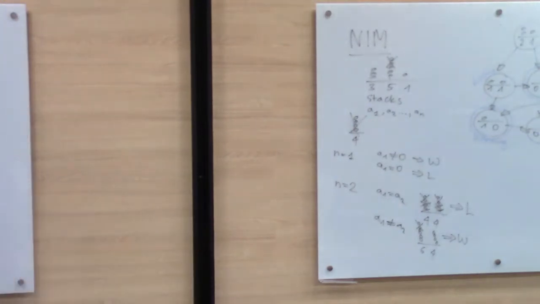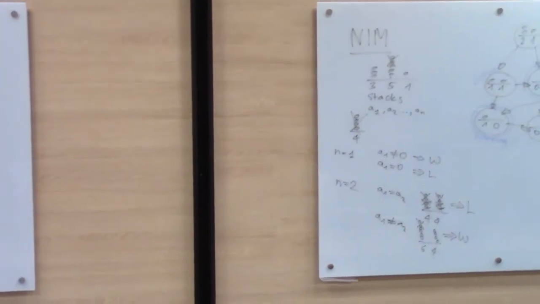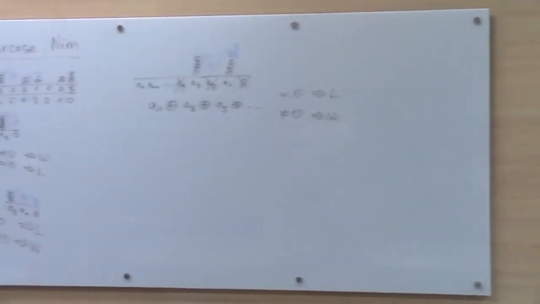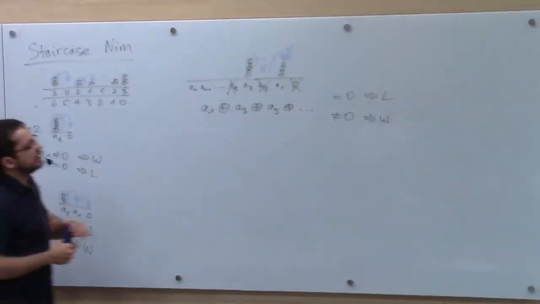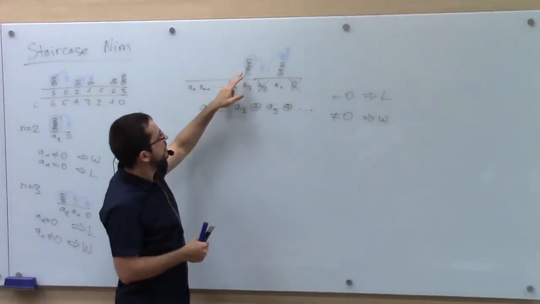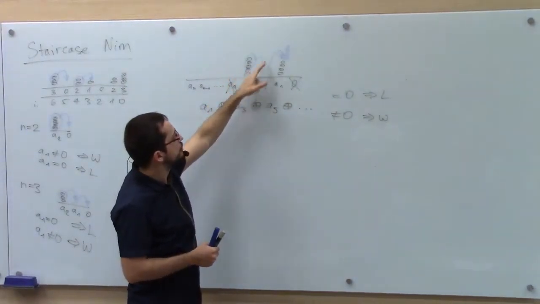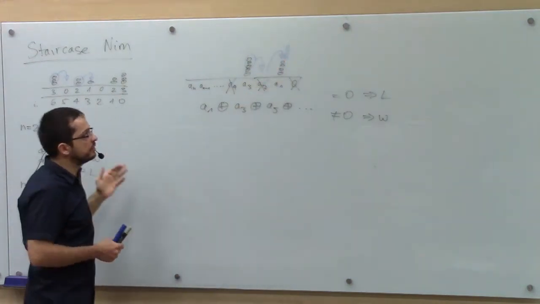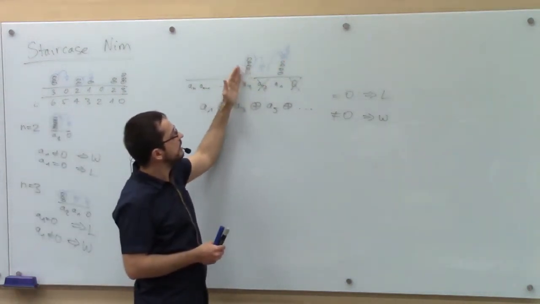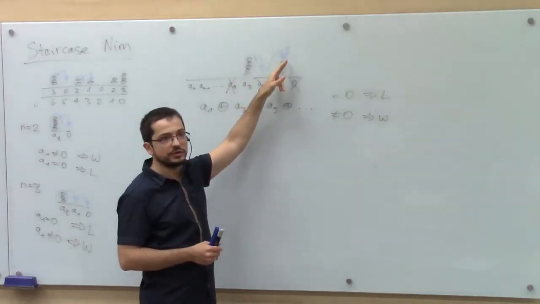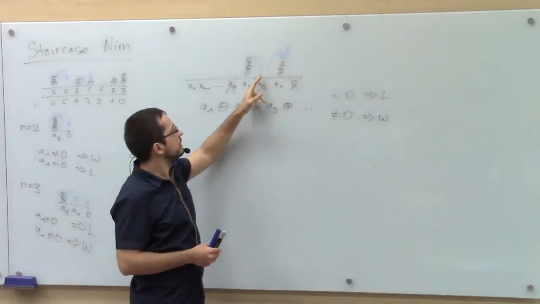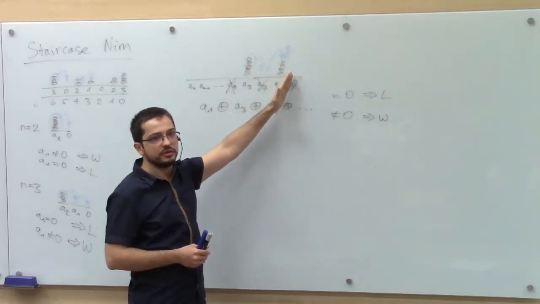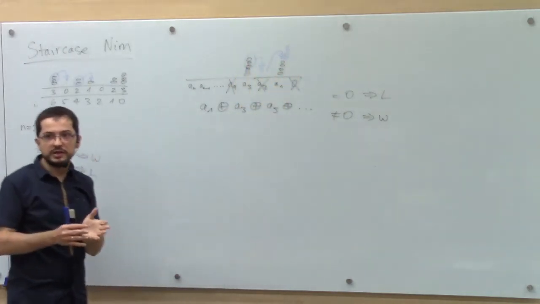But in this game here, in staircase Nim, we know that this situation of going forever is not going to happen, because the number of these moves which introduce new coins to the stack is limited, because every time the player adds some coins to the stack, the total distance of all the coins from 0 is decreasing.